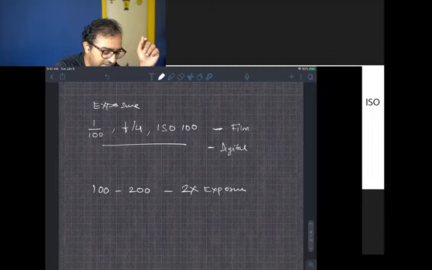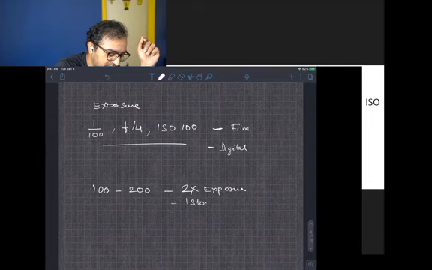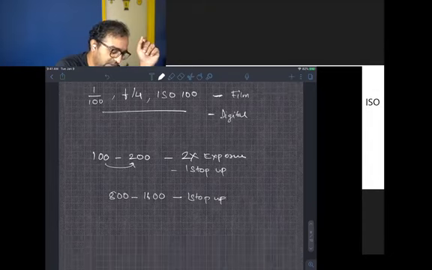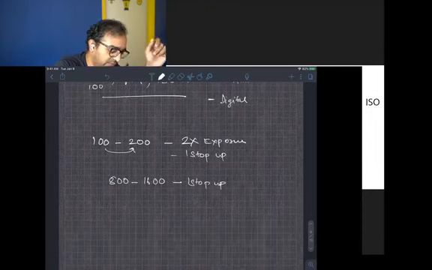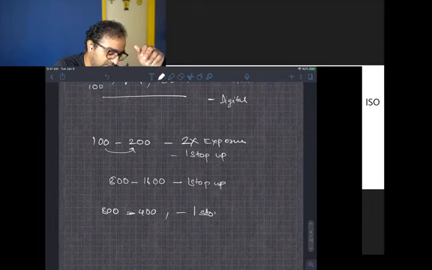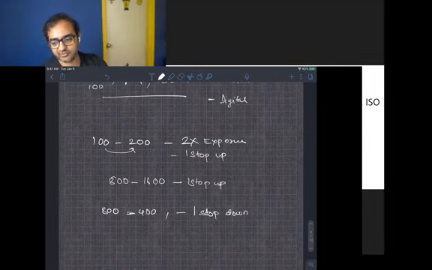So this is one stop up. If you go from 800 to 1600, this is also one stop up. But if you go the other way, from 800 to 400, you're making the light sensitive material half as sensitive to light. So this is one stop down. Cool. So this is how the ISO scale works.